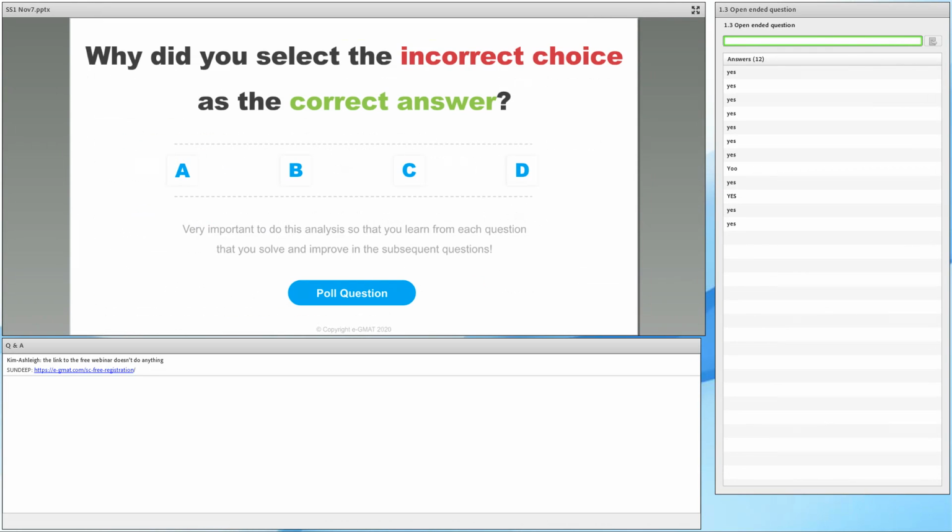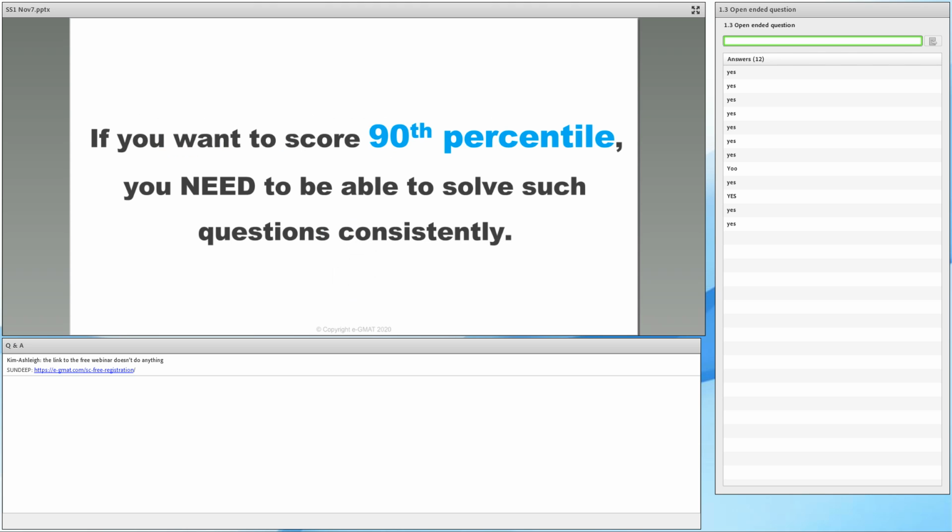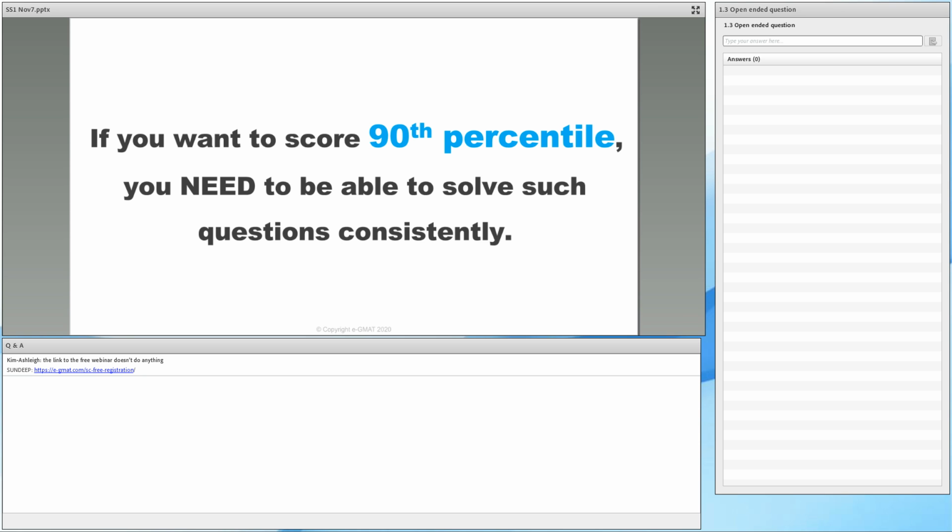We've talked about the difference. If you want to get to that 90th percentile, you need to be able to extract all the meaning aspects out. And for those of you who are e-GMAT students, we offer free live sessions, in addition to paid live sessions in sentence correction, a total of 10, in addition to that course.